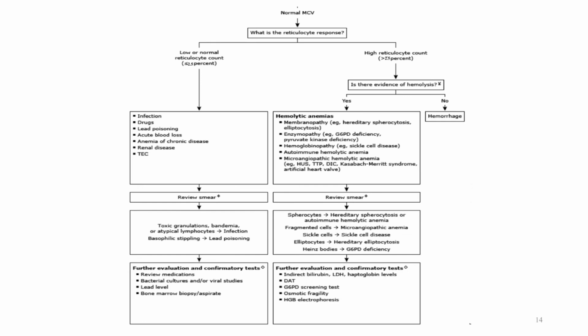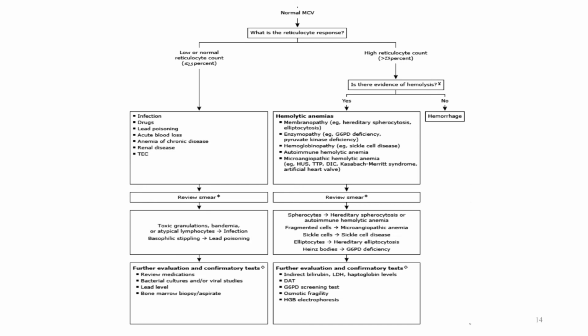If we find fragmented cells in the peripheral blood smear, then microangiopathic anemia. If we find sickle cells, sickle cell disease. If we find elliptocytes, hereditary elliptocytosis. If we find Heinz bodies, then G6PD deficiency is a possible cause of this anemia. Such a patient needs further evaluation and confirmatory tests.